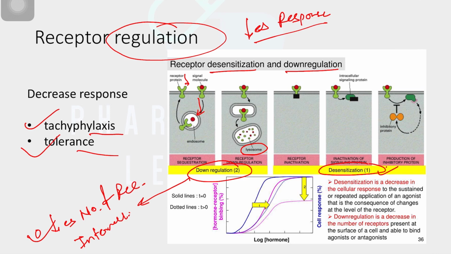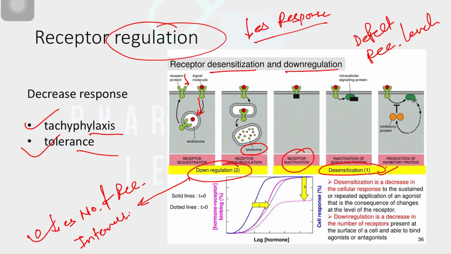Now what is desensitization on the other hand? Desensitization means decreased response, but here the mechanism of the decreased response is different. Here the mechanism is at the receptor level. Any defect at the receptor level produces desensitization. Now which kind of defects?